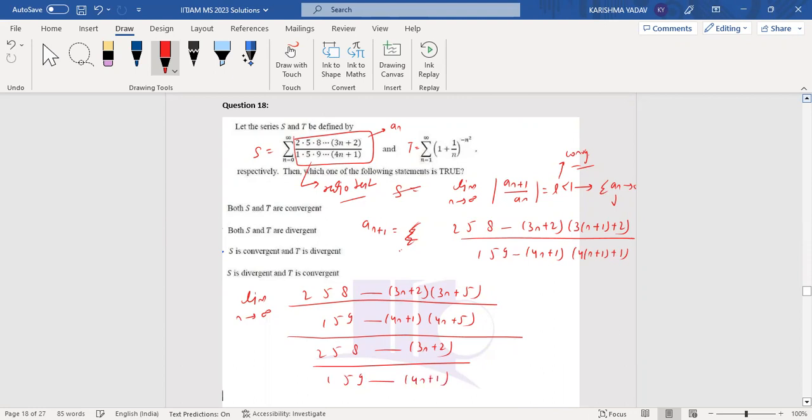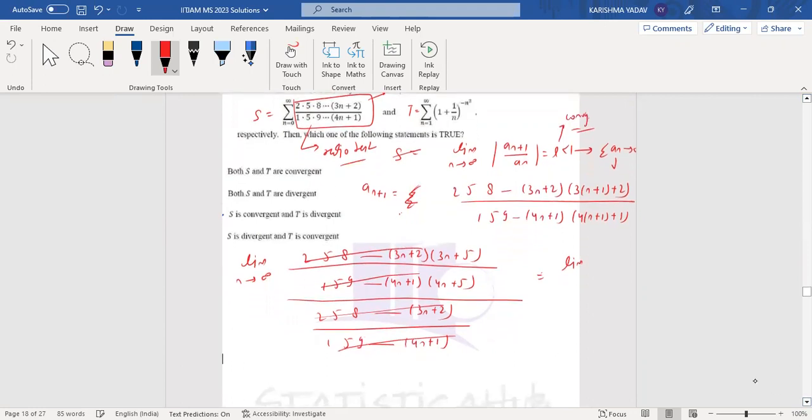Let's see what will cancel out. This all will cancel out to this one, and this all will cancel out to this one. We get limit n tends to infinity (3n+5) upon (4n+5). Let's take n common from these, and we get (3 + 5/n) upon (4 + 5/n).